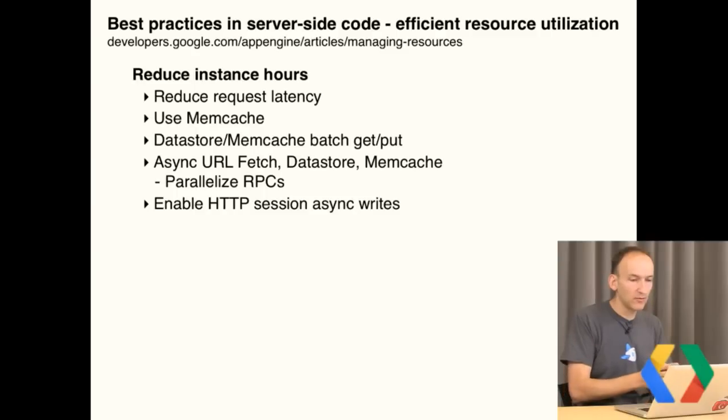So there's a number of best practices. We have this article. It's great. It's kind of a checklist to go through of performance issues that you want to look at, and it gives you some tools to kind of adjust between performance and cost. For some of your applications, performance is the most important thing, and you're trying to get the most out of App Engine as far as serving resources as quickly as possible.